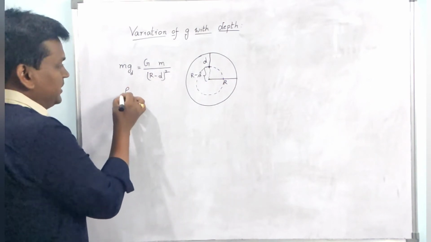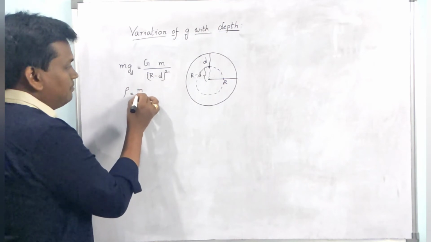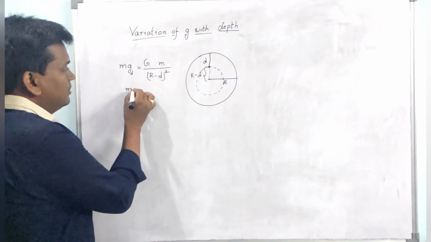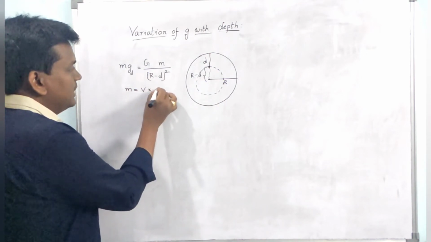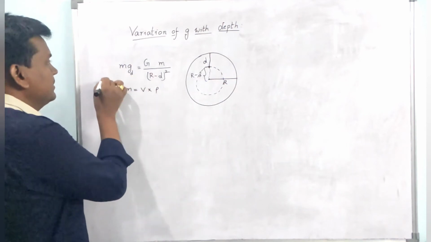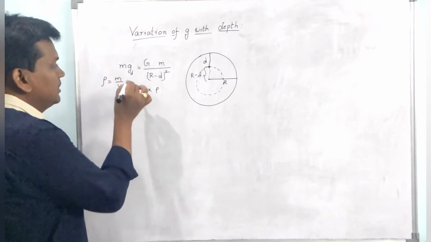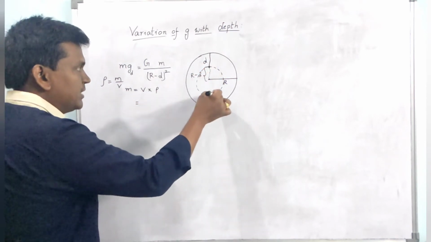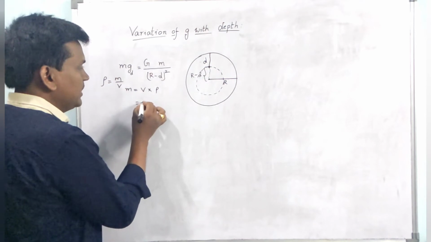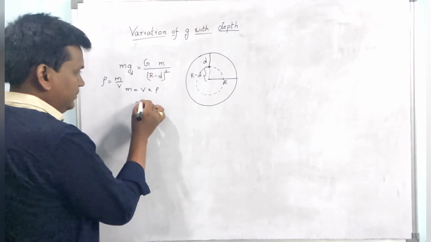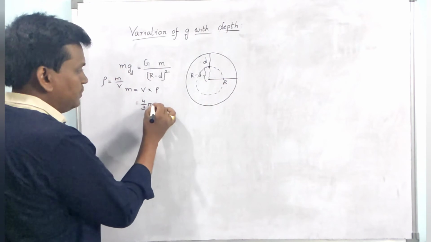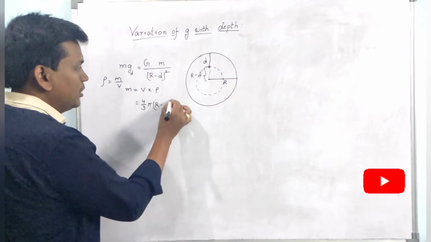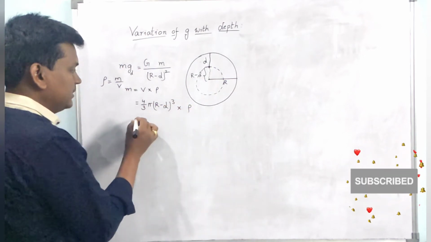For that, density equals mass by volume, so mass equals volume into density. Here we need the volume of this region, so the volume is 4 by 3 pi, this is R minus d now, so (R minus d) whole cube, into density.